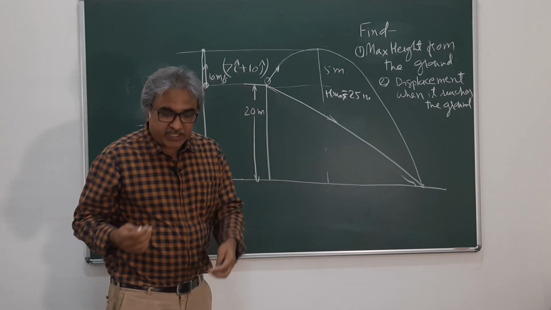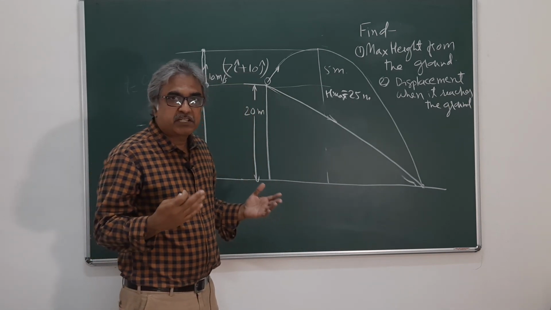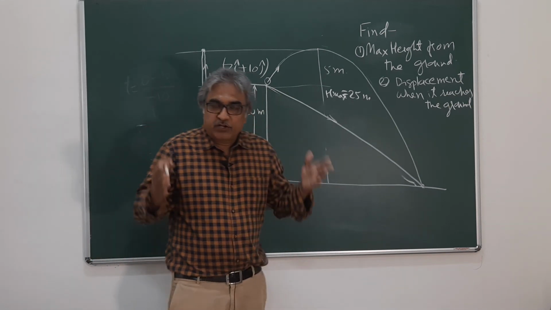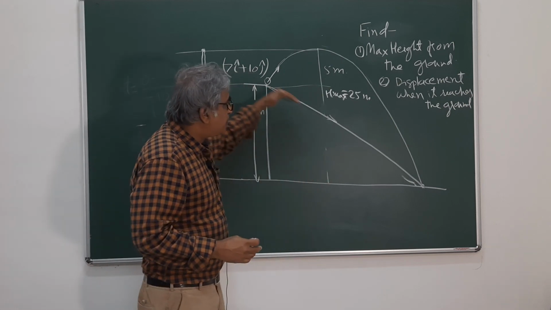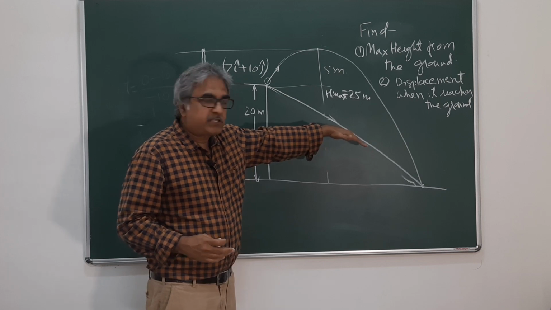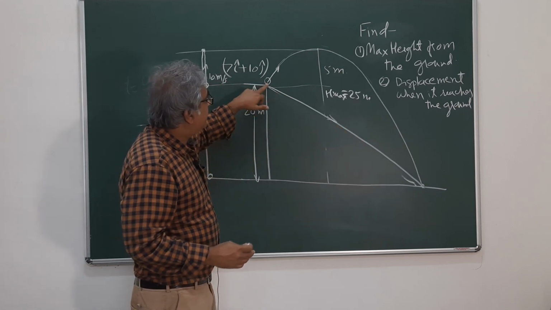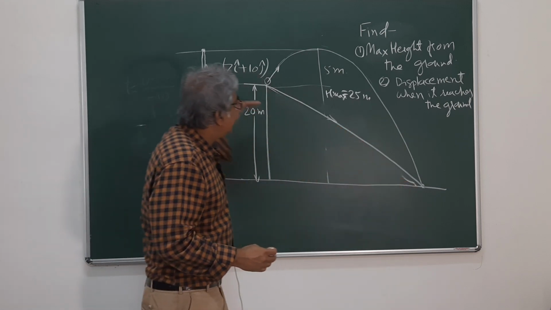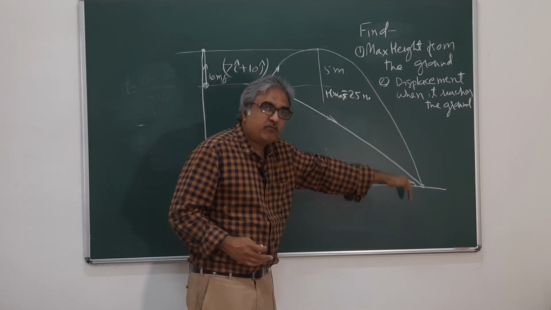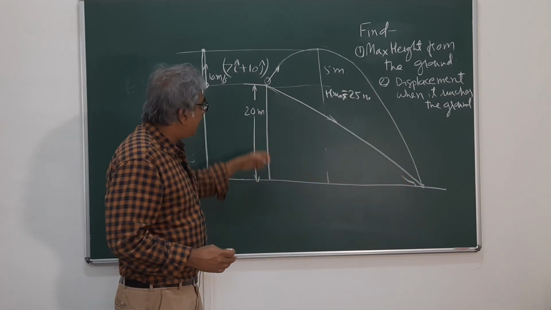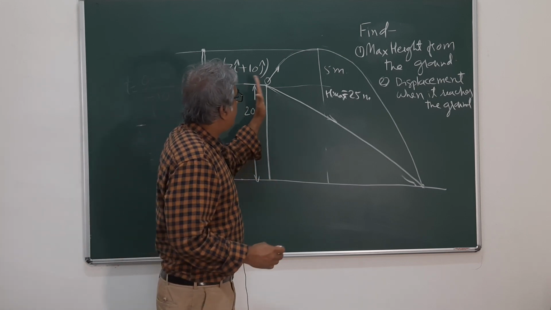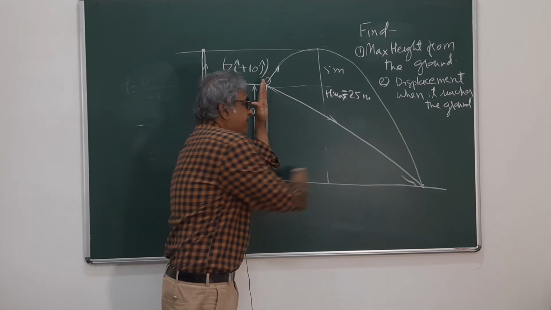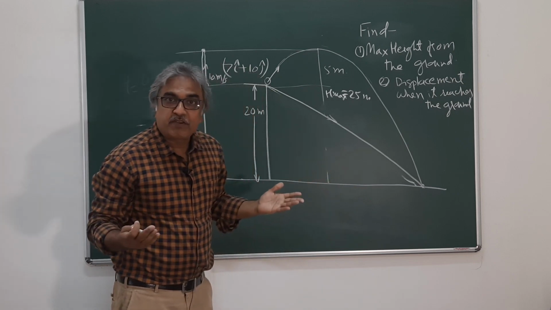Okay, now see, displacement is a vector. So one is the magnitude of the displacement, other is the direction. If you want to represent this displacement, it means that this projectile has moved horizontally and then vertically downward. So its vertical downward displacement is 20, right? Horizontal from this level to this level is yet to be found out.